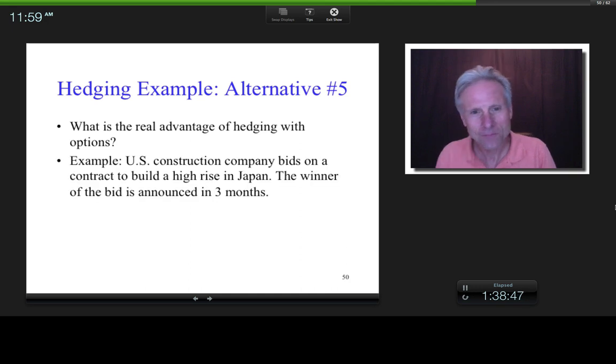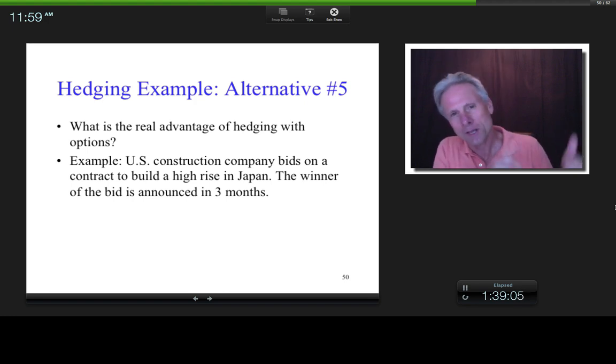Well, what about this? Okay, here's another example. Suppose you're a U.S. construction company, and you're building on a contract in Japan. So let's say Tokyo. Tokyo says to you, all right, hey, come build a building.